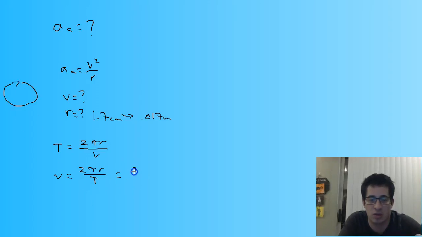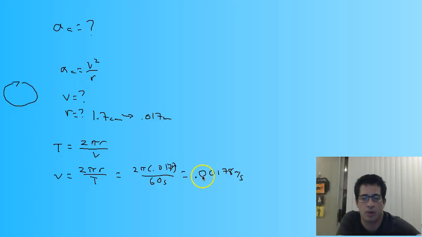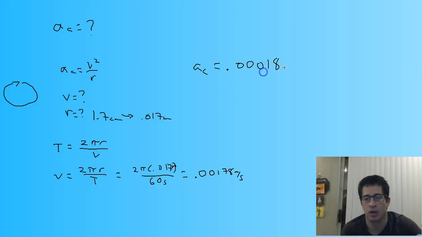So that would be equal to 2 pi times 0.017 over 60 seconds. We end up with about 0.00178 meters per second. From there, I want you to go ahead and find what the centripetal acceleration would be. I ended up with something like 0.0018 meters per second squared.